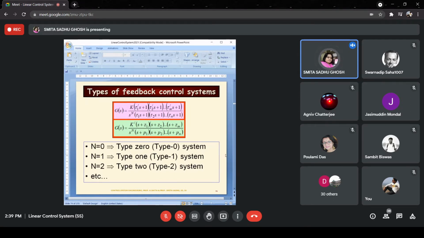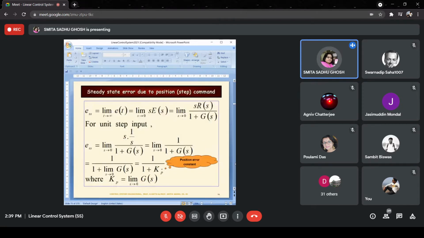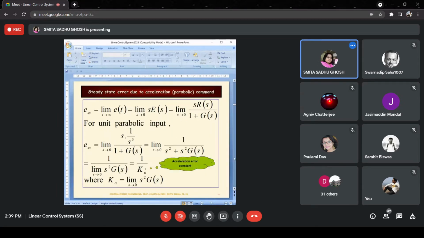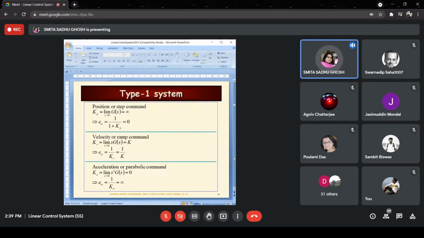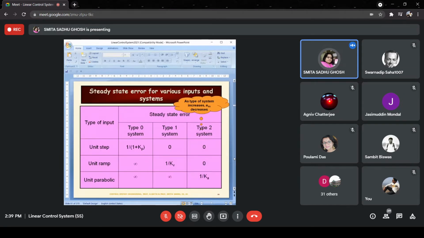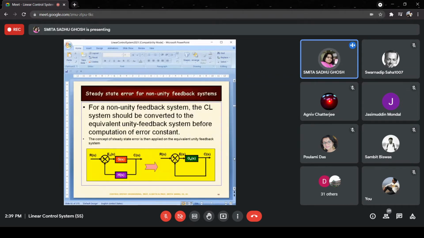But all the analysis that was done over here was for a unity feedback system.